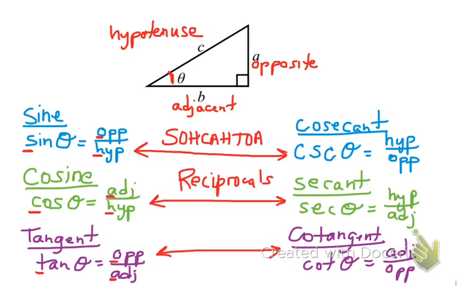The cosecant is really the reciprocal of the sine of theta. The secant is the reciprocal of the cosine of theta. And the cotangent, of course, is the reciprocal of the tangent of theta. Those are the definitions of your 6 basic trig functions and how they relate to the side lengths of a right triangle.